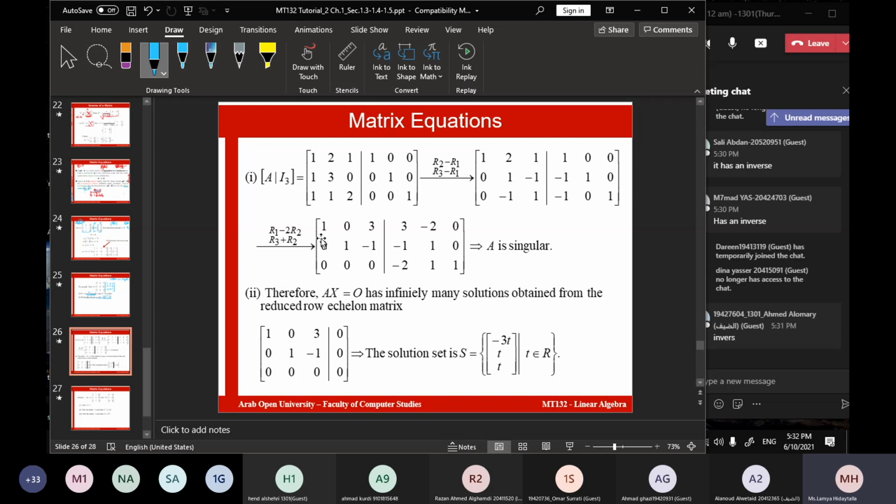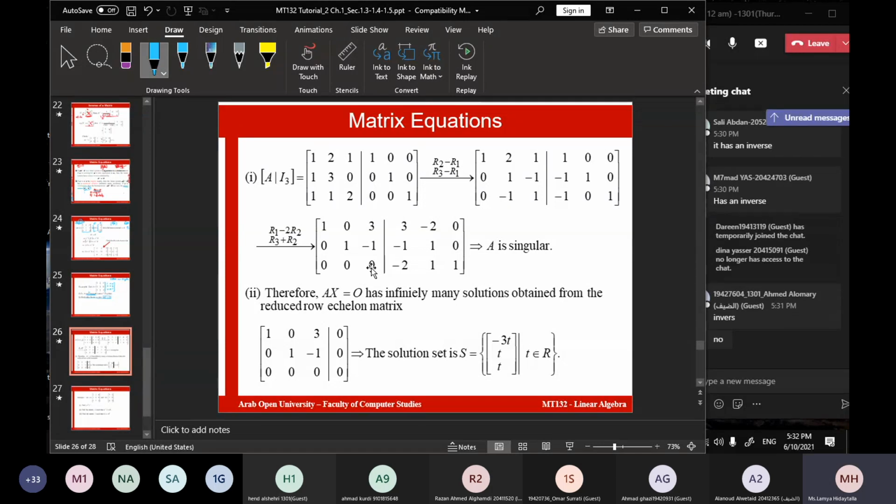Now I reach here. Can we reduce any more? When we come to the third row, all the entries are zeros. So I'm done. I cannot reduce more. This is in the echelon form. Now, is it in the form of the identity I3?